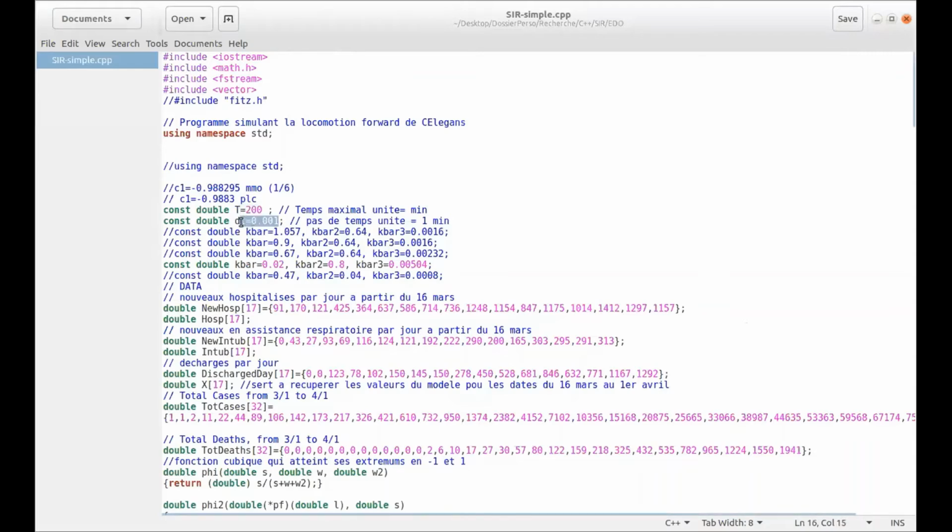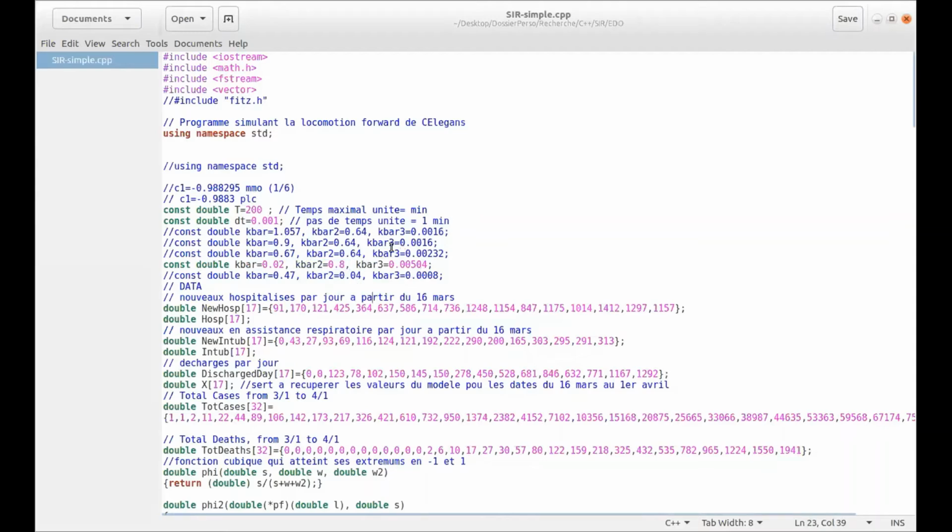This is a time step, which is 0.001. Those are important parameters. This is my K, all right? So K bar is my K. My K bar 2 is my R in the model.